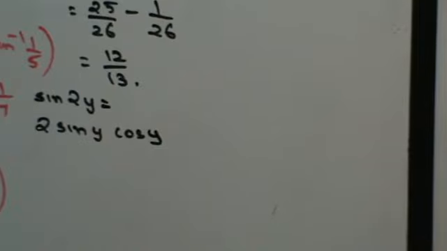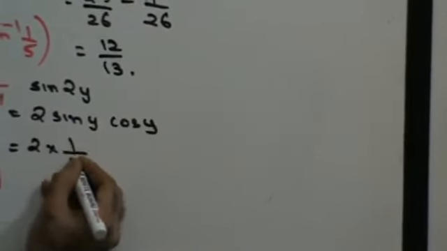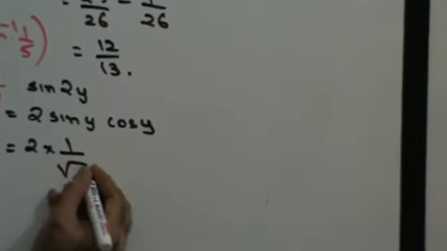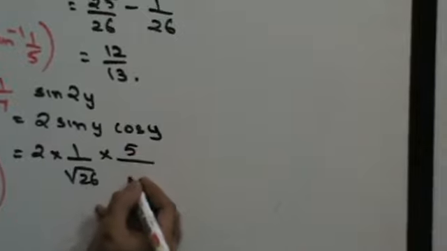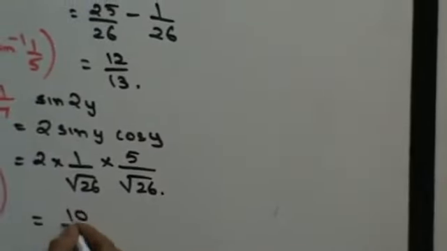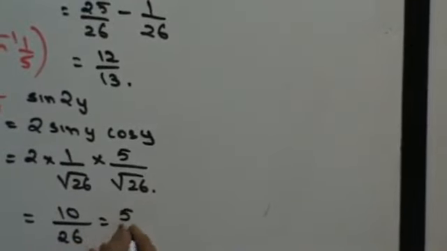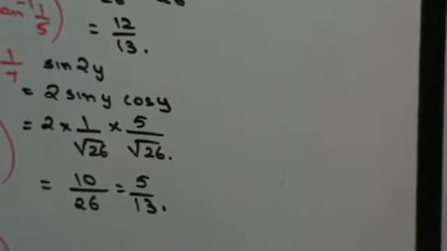Sin 2y is going to be 2 sin y cos y, which is 2 into sin, opposite upon hypotenuse, cos adjacent upon hypotenuse. So this is going to be 10 upon 26, which is nothing but 5 upon 13.